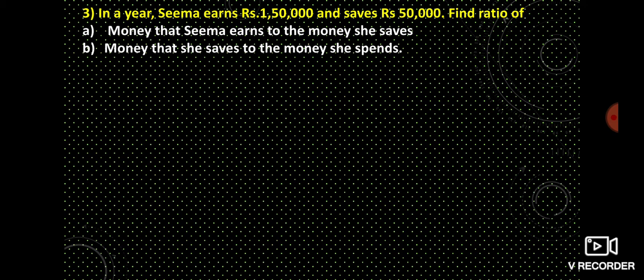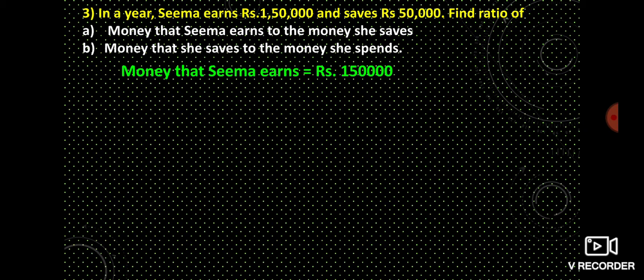Yes, she spends 1 lakh rupees. For the ratio, the money that Seema earns is 1,50,000 to the money she saves, which we know is 50,000. B question, the money that she saves is 50,000 to the money that she spends, which is 1 lakh rupees.